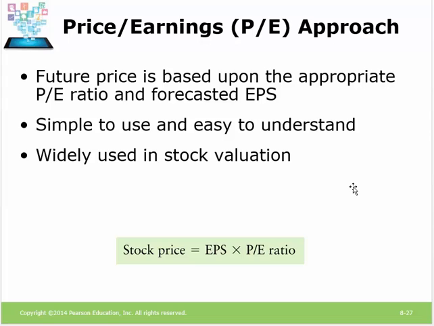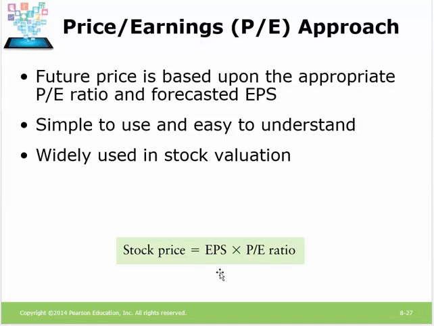So to go through real quick a little bit about this adjustment with multiplier models, one of the estimates we've been talking about so far is using the PE multiplier. And as you can see here, the PE ratio is stock price divided by earnings per share. So if you solve that algebraically, the stock price is earnings per share times the PE ratio.